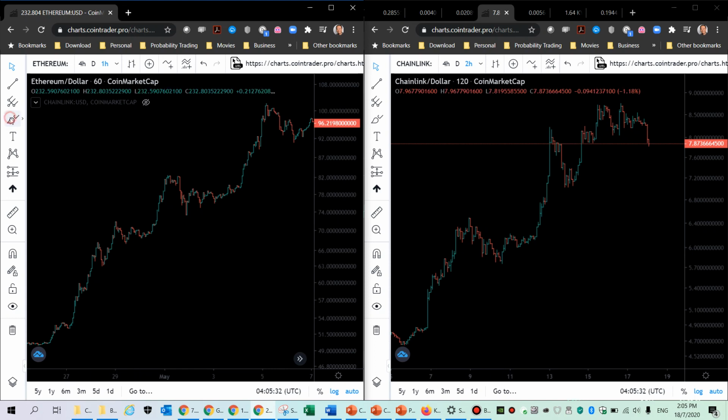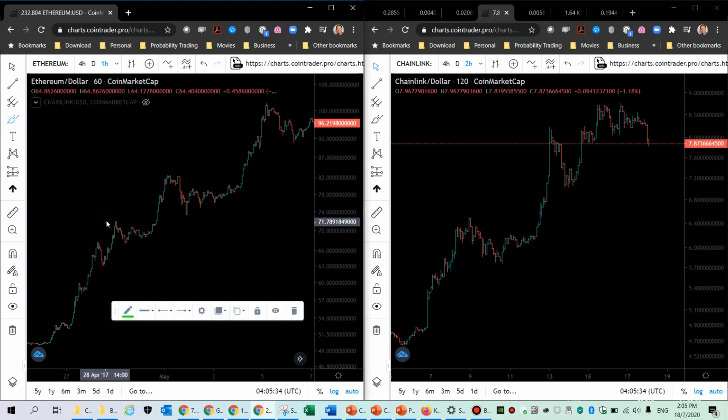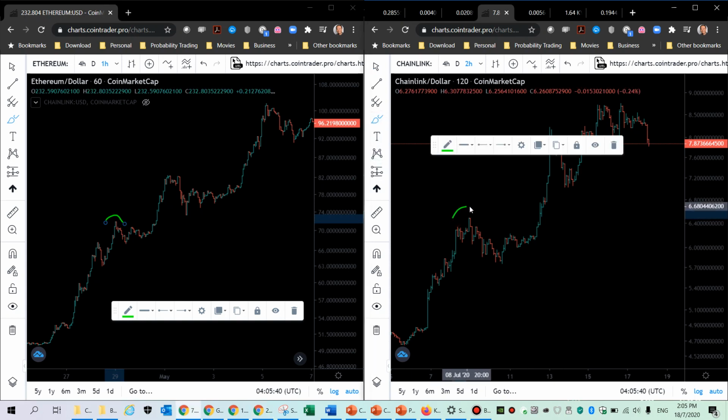For me, this correction is that one. Then it comes back down, zigzags down, comes back up, and again does a countdown. It comes down, zigzags down, comes back up, and pushes up again.